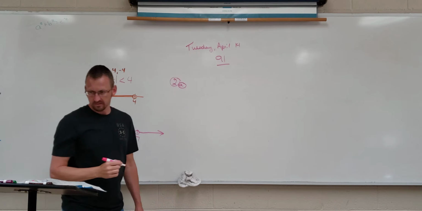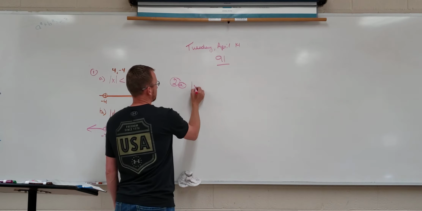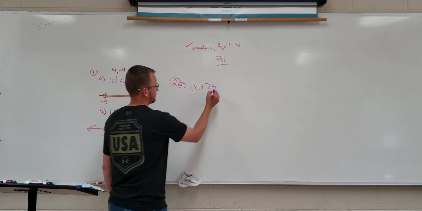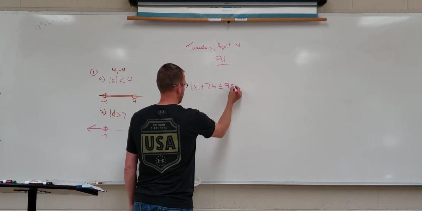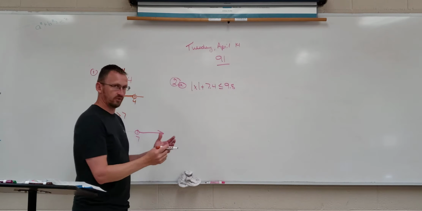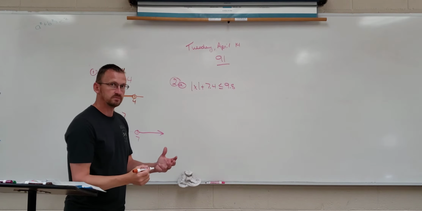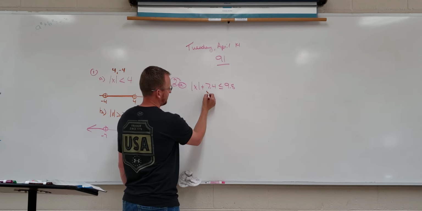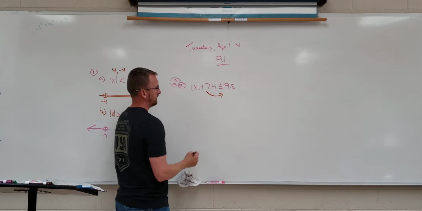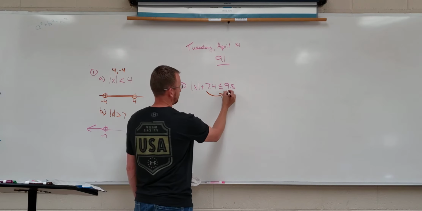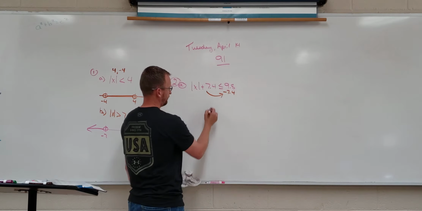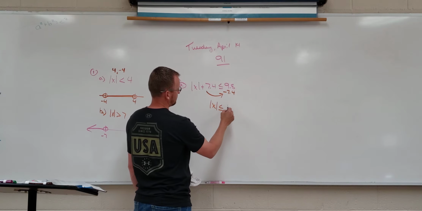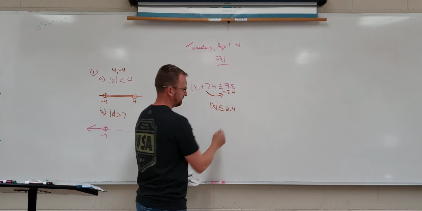2a says the absolute value of x plus 7.4 is less than or equal to 9.8. Now this should look fairly simple. You've done these things before. If we're adding here, we're trying to get the absolute value of x by itself. We need to bring it across. If we're adding here, we need to subtract. So the absolute value of x is less than or equal to 2.4.